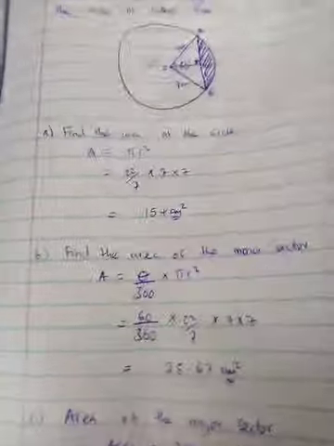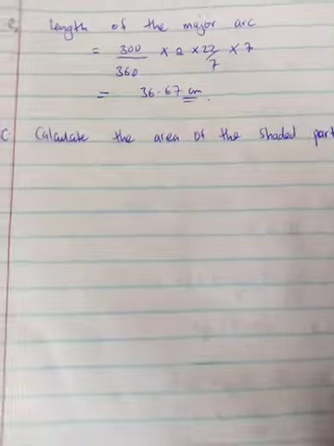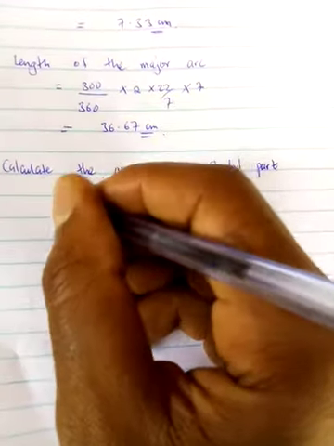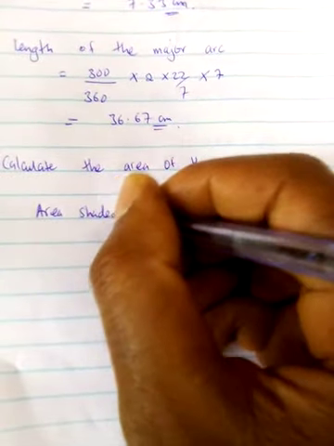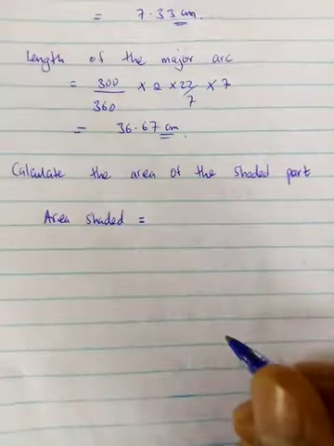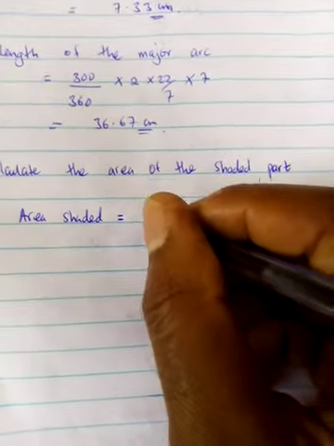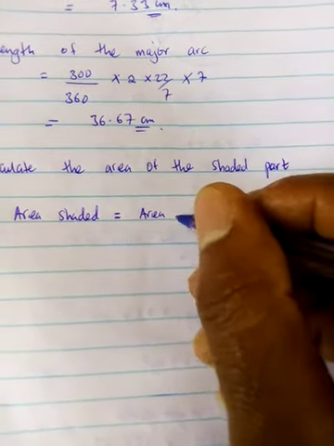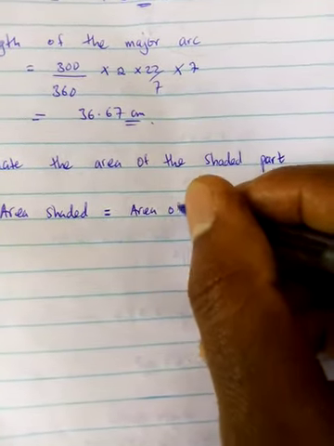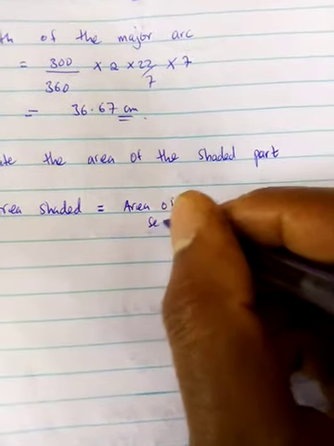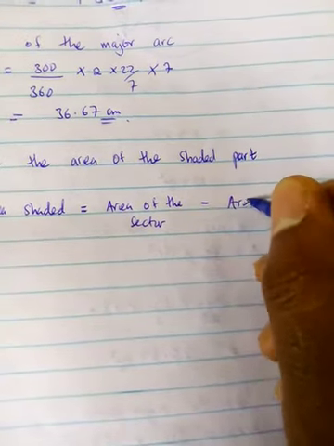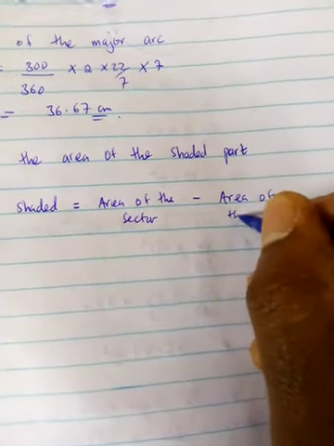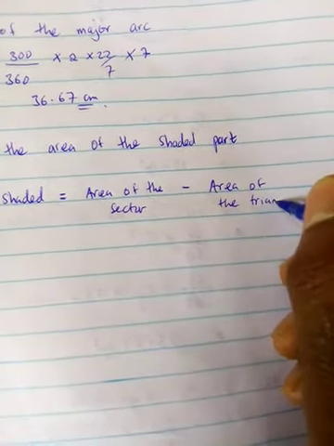If we want the area of the shaded part, area shaded will equal the area of the sector, then I take off the area of the triangle.